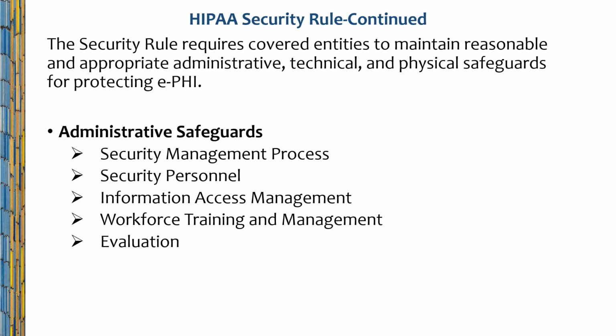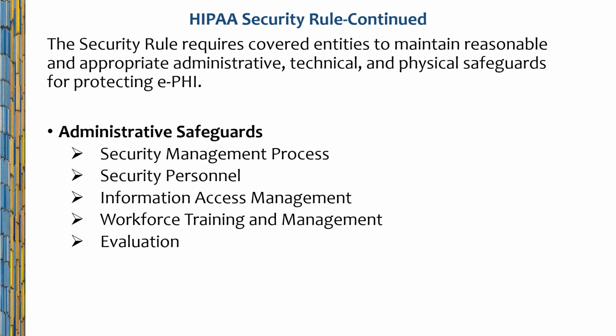Information access management. Consistent with the Privacy Rule standard limiting uses and disclosures of PHI to the minimum necessary, the Security Rule requires a covered entity to implement policies and procedures for authorizing access to electronic PHI only when such access is appropriate based on the user or recipient's role-based access.